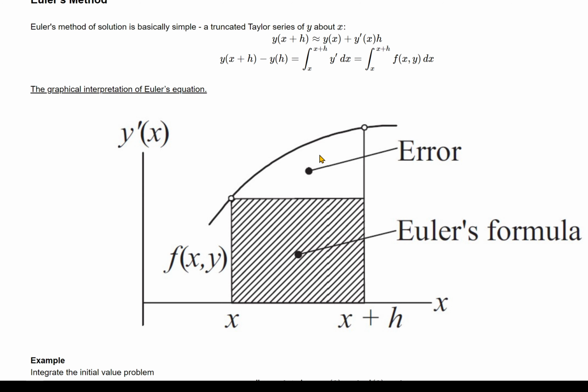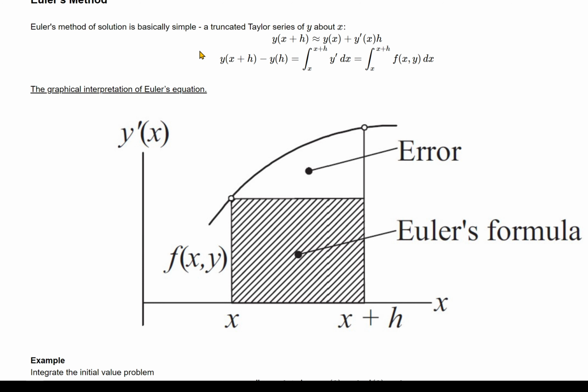You can see from this integration that from x to x plus h, you have y prime dx. If you take that, that will be your value, f of xy from x to x plus h. Now the error will be lessened if you make the step value h very small, and you will get your error very small also.